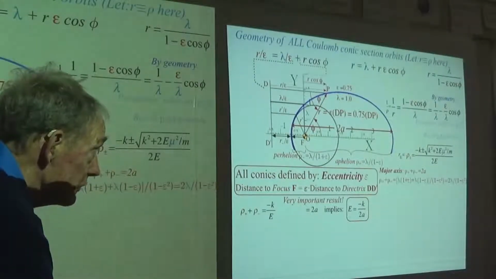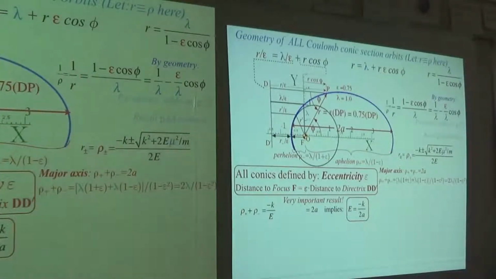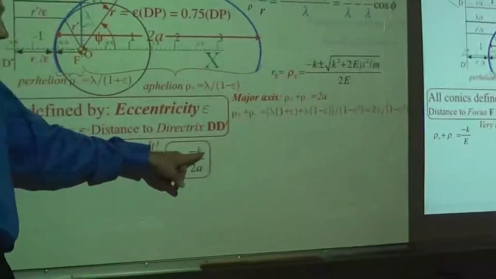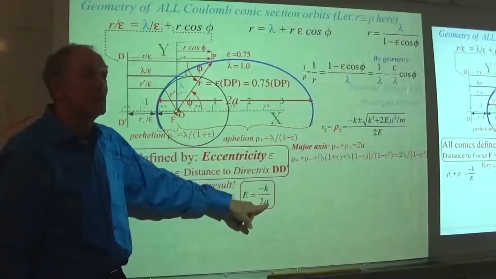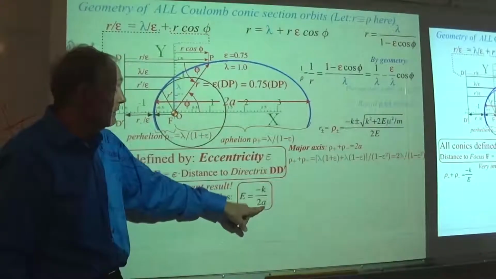If there's one thing to remember out of this whole mess, it's that the energy, and this is true for all the conic sections, is minus our Coulomb constant over twice the major radius. That is, over the major diameter.